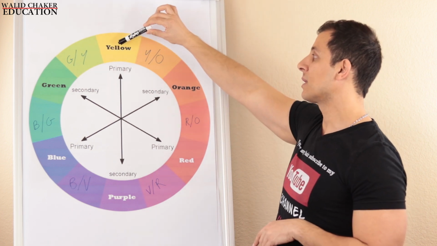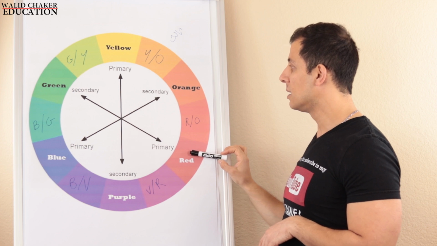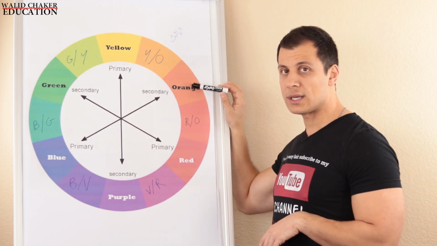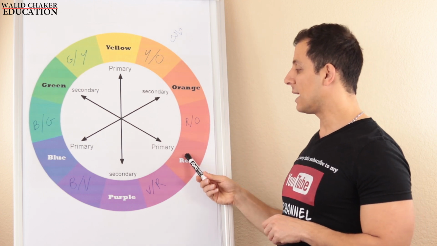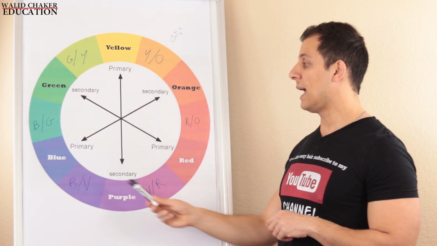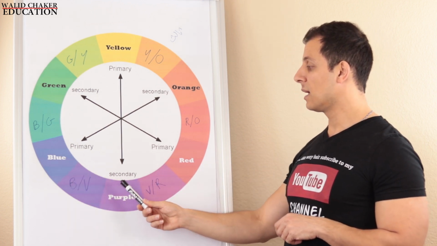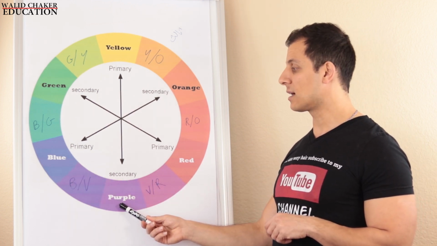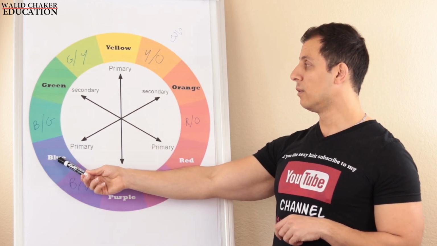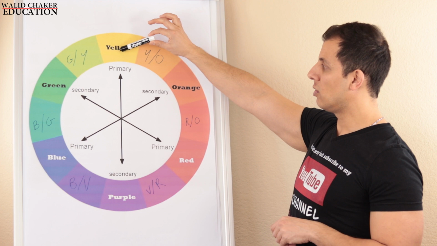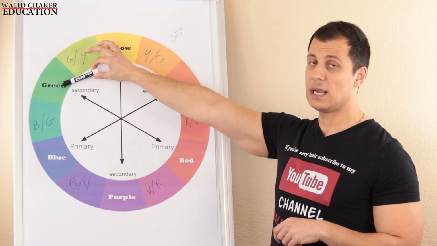So if I mix yellow primary color with red primary color, it's going to give me orange as a secondary color. If I mix red as a primary color and blue as a primary color, it's going to give me purple as a secondary color. And the same thing here: if I mix blue primary color and yellow primary color, it's going to give me green as a secondary color.